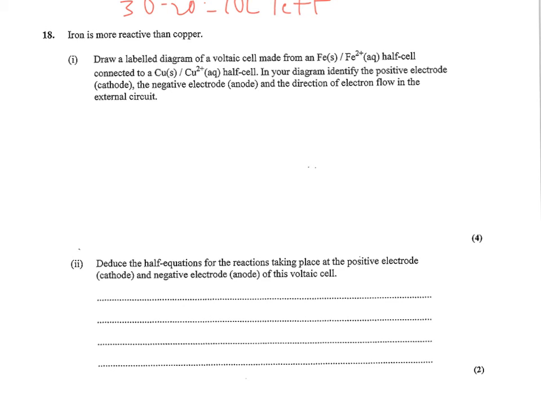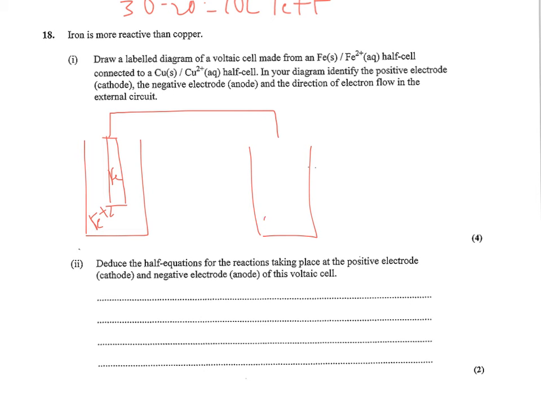So I'm going to draw, this is going to be my iron ion. This is going to be my iron metal. Here's going to be my external wire to the other half cell, and that's going to contain my copper ion and my copper metal. I also need to include a salt bridge.